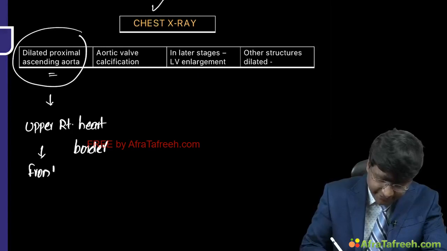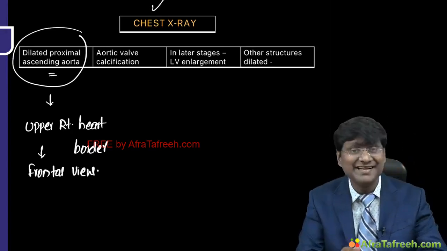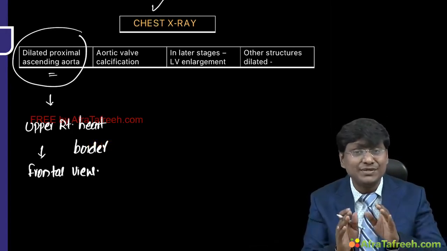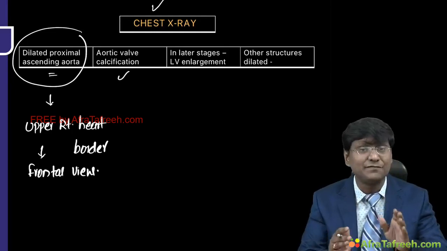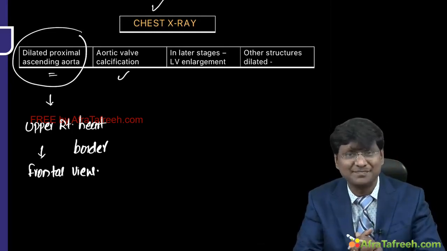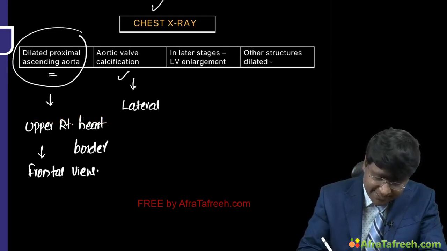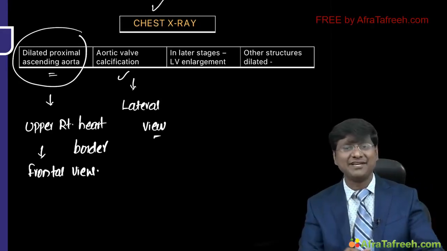The frontal view is important. Next, another importance of the chest X-ray is to determine the presence of aortic valve calcification. And to determine the aortic valve calcification, which view is good? That will be the lateral view. You will be able to pick up that aortic valve calcification.